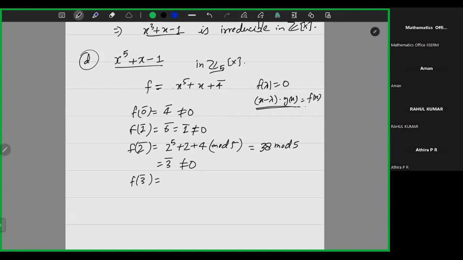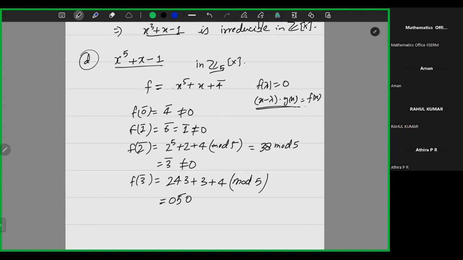It is 3 times 3 is 9, 9 times 9 is 81, 243. 243 plus 3 plus 4 modulo 5.